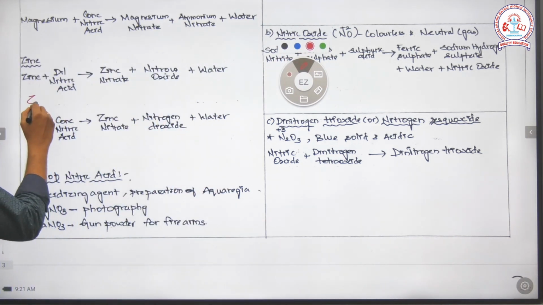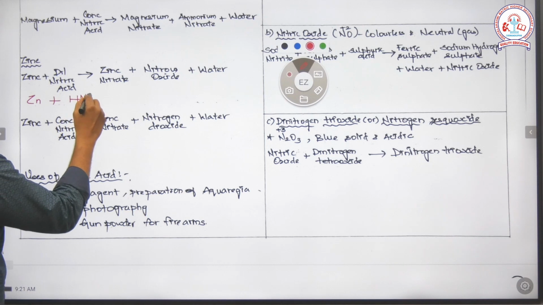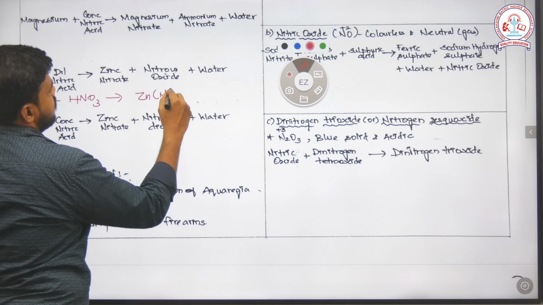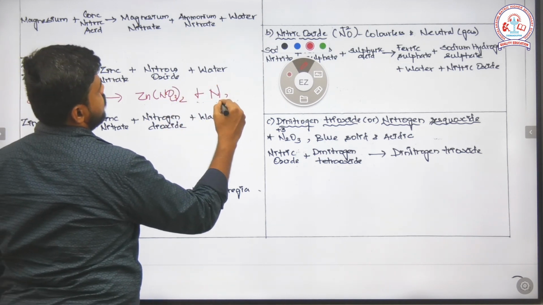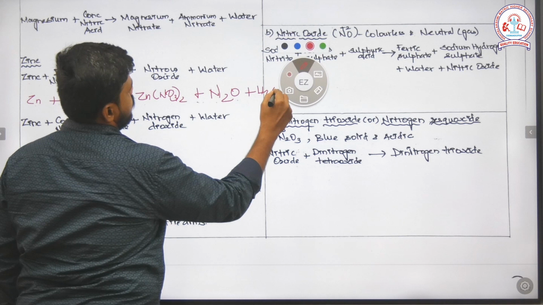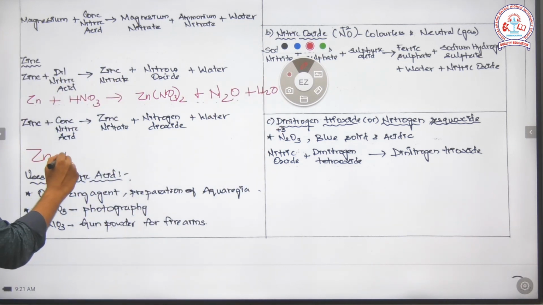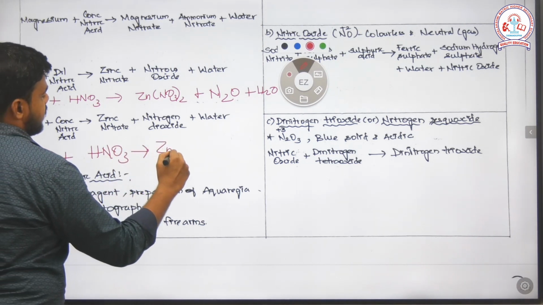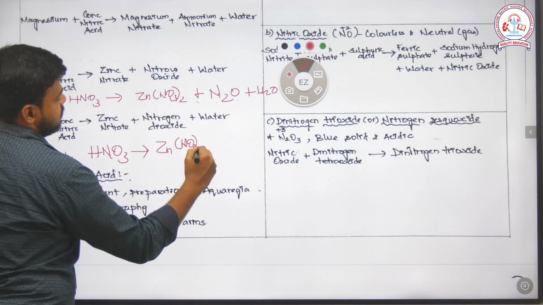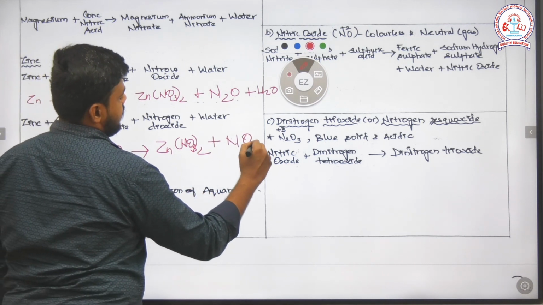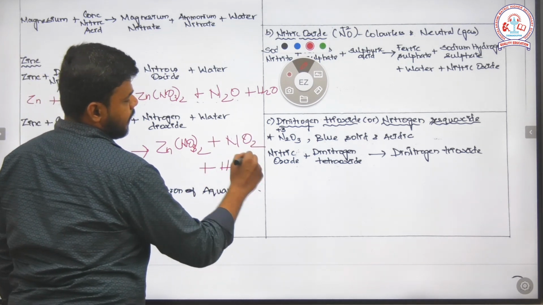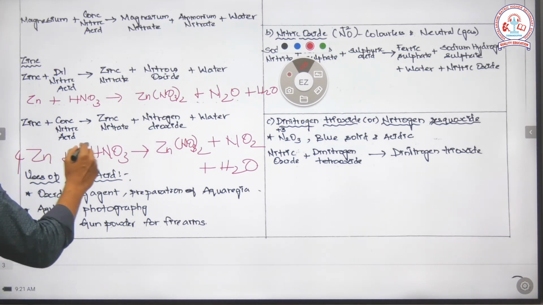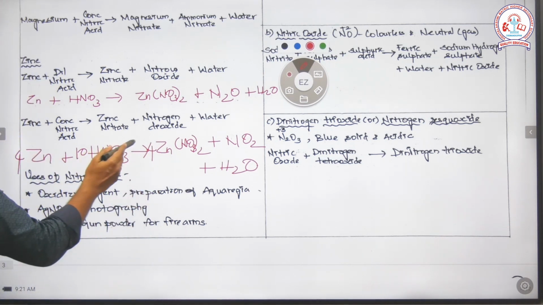So zinc with nitric acid gives Zn(NO3)2 plus N2O plus H2O. Zinc reacts with concentrated nitric acid, gives zinc nitrate plus nitrogen dioxide plus water.